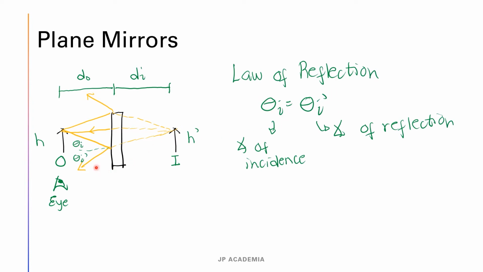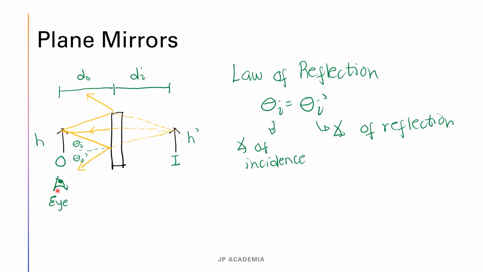Note that the angle of incidence is between the ray and the normal to the surface, while the angle of reflection is between the reflected ray and the normal. These rays will appear to come from a point I in the image seen at the opposite side of the mirror.